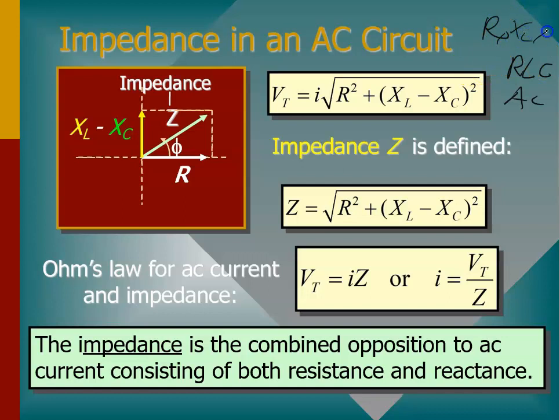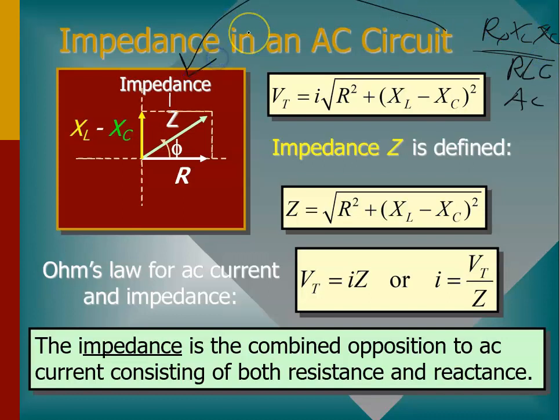R, XL, and XC. So how do I sketch these 3 into a graph? It is similar to the V just now. The graphing is supposed to be like this. So R is on your x-axis, and XL minus XC is on your y-axis. And impedance is in between these 2, where the angle between the impedance and the x-axis is what we call the phase angle.